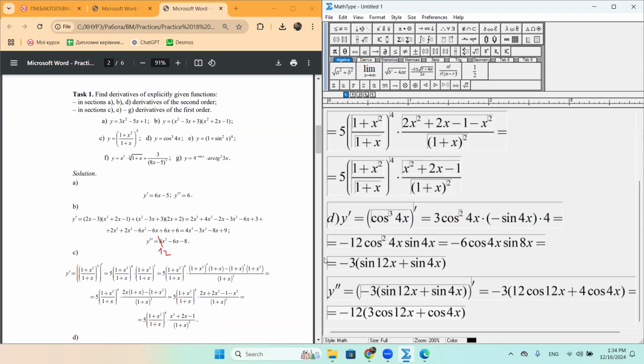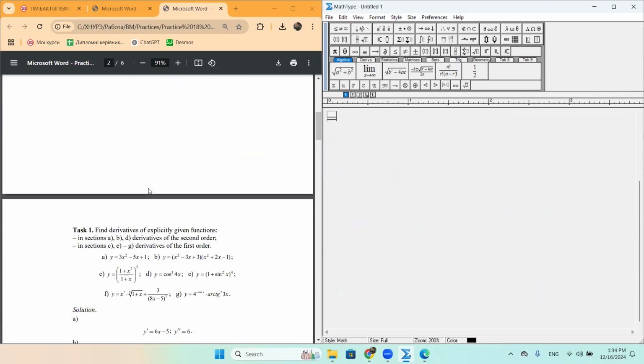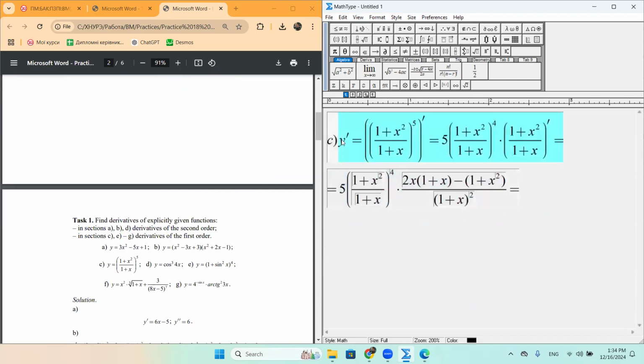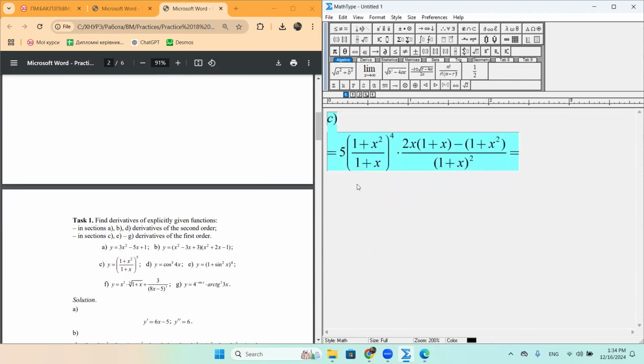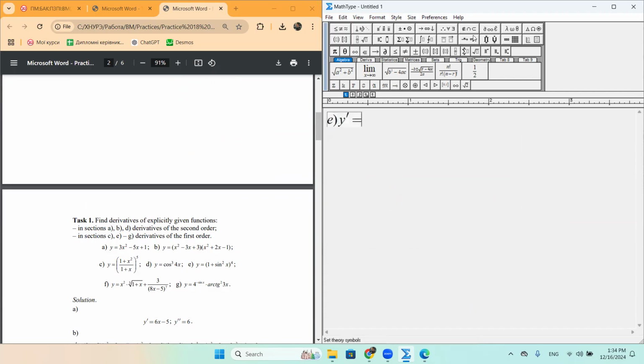No. Okay, and now moving to the next part. So part E. In part E, we need to find the first derivative only. 1 plus sine square of x, and this expression in power of 4.